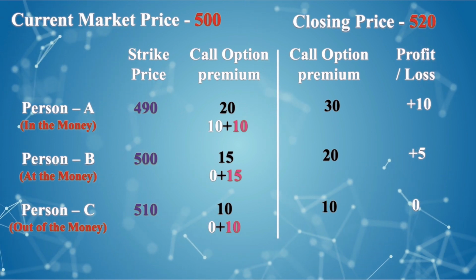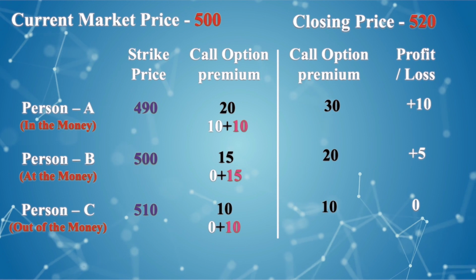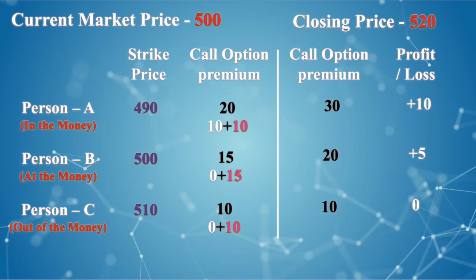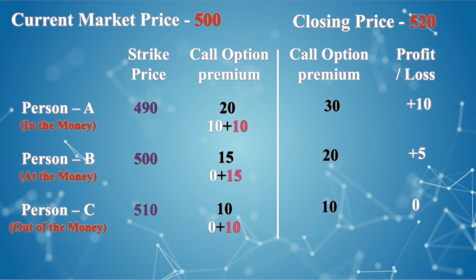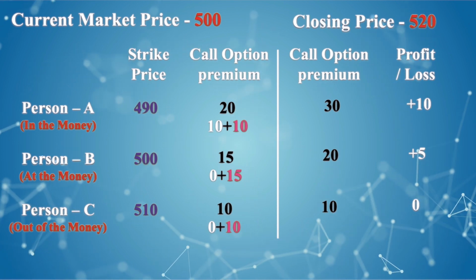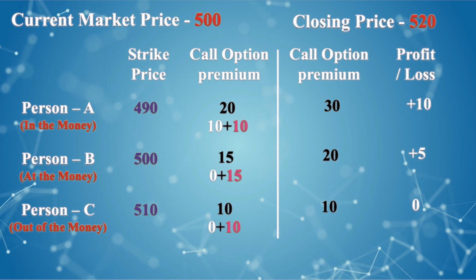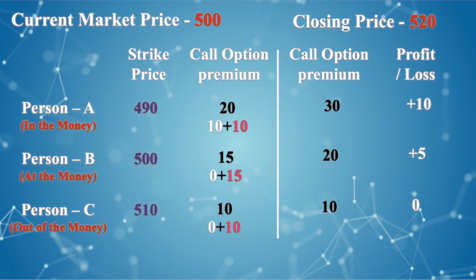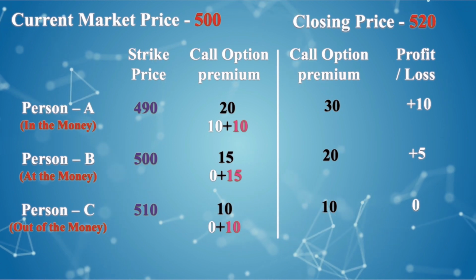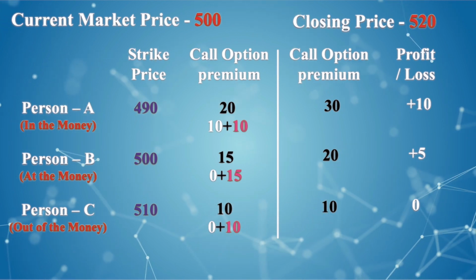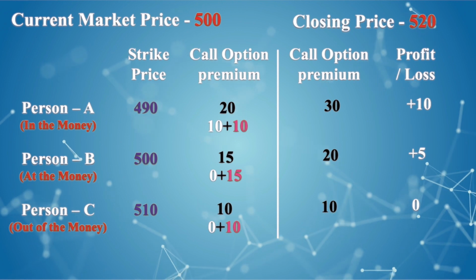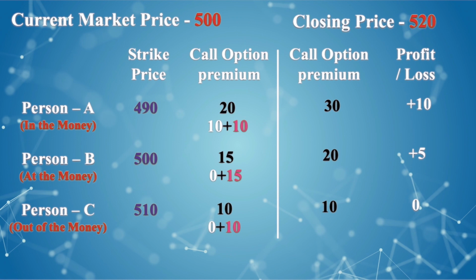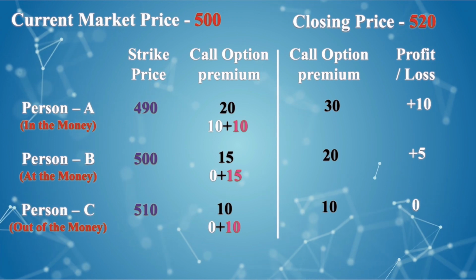It means person C's break even will be 510 plus 10 rupees equal to 520 rupees. Person C gets profit only if market moves beyond 520 rupees. So in this scenario, we know that even if market moves upside, the probability of profit for person C is less as compared to person B and person A.